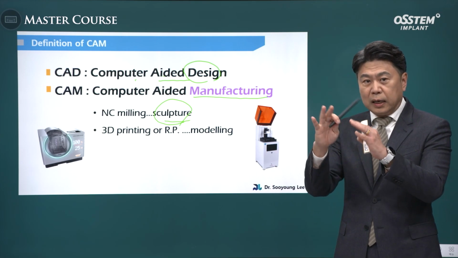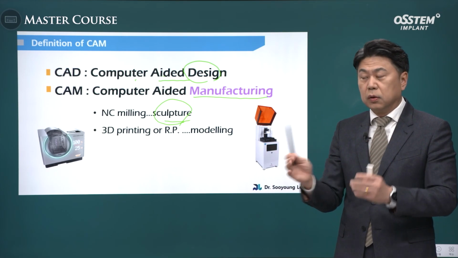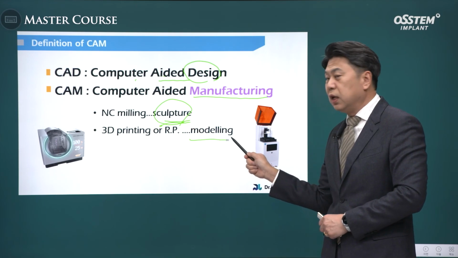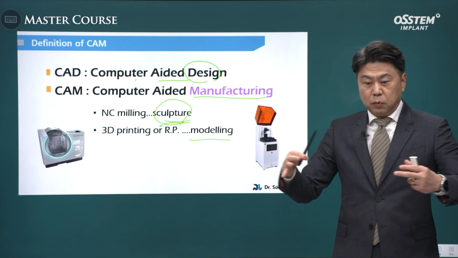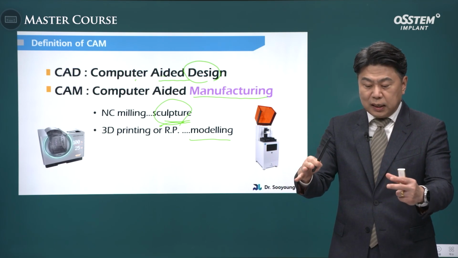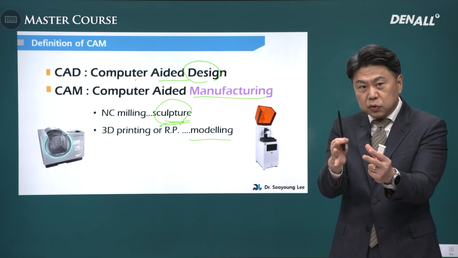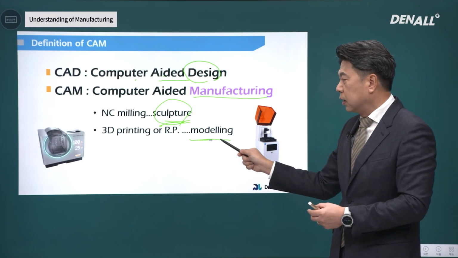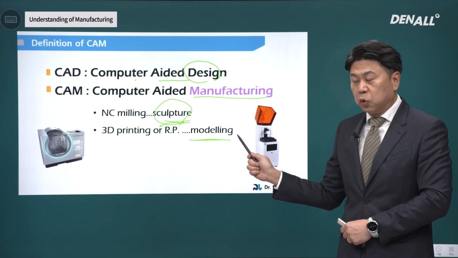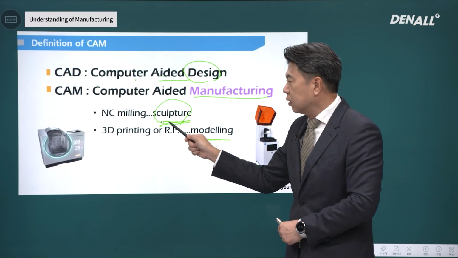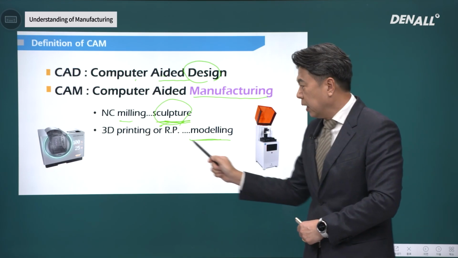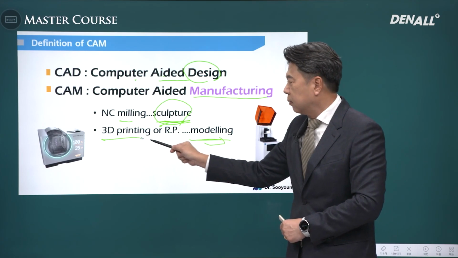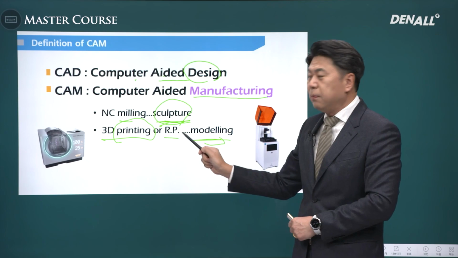The other one is modeling. When we make a porcelain or a bust, we build up with materials such as clay to make a bust. The process is called modeling. If you apply digital dentistry, sculpting is called milling. 3D printing is the building up part. We used to call the printing RP in the past, but the word is not used any longer.